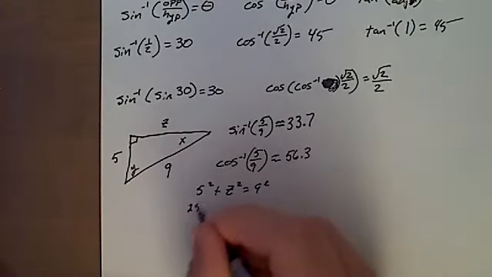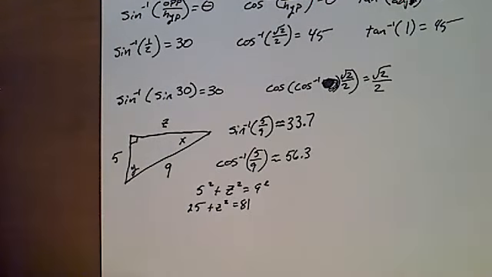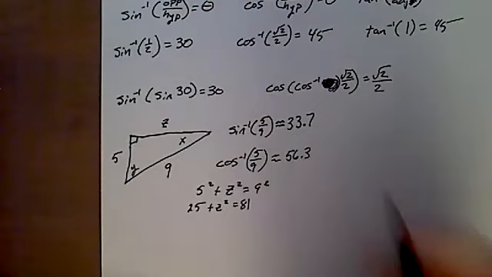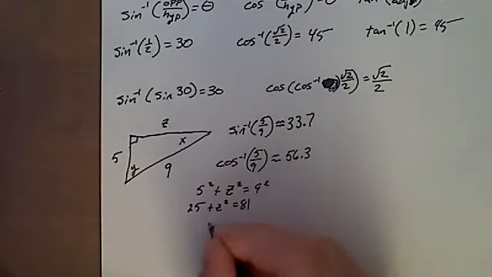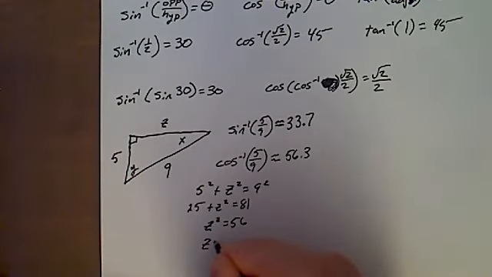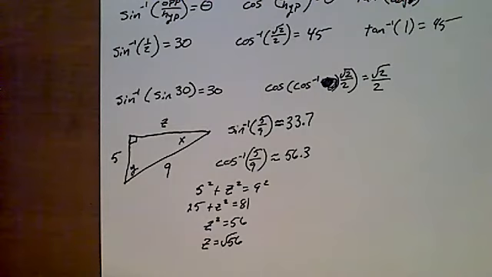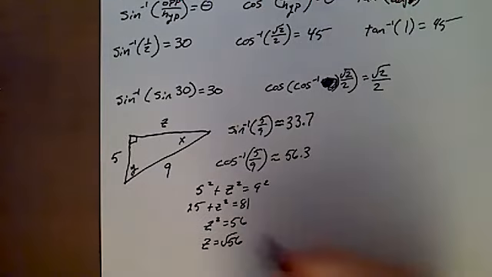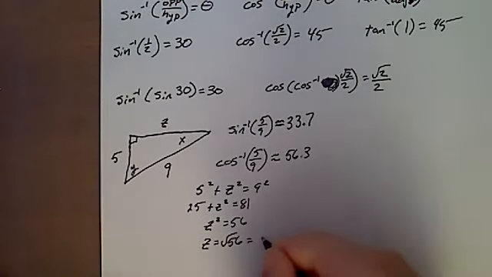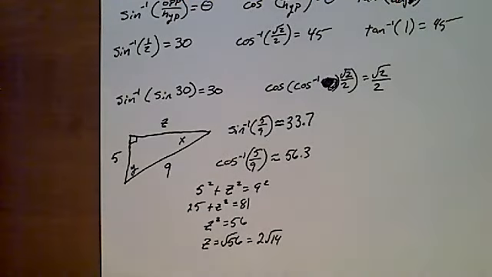You get 25 plus Z squared is 81. 81 minus 25 is 56. Take the square root of both sides and we get the square root of 56. If you simplified it, you would get 2 root 14.